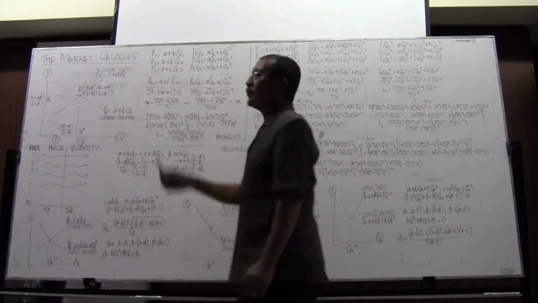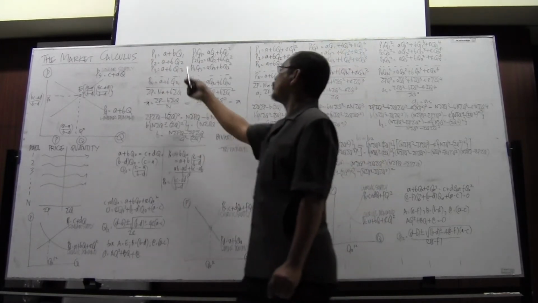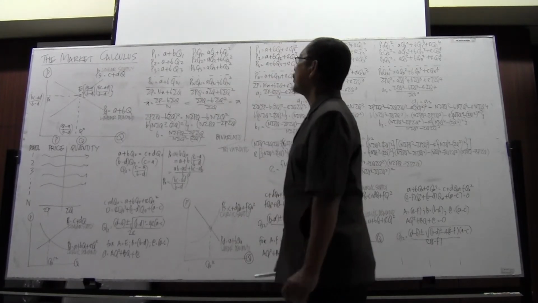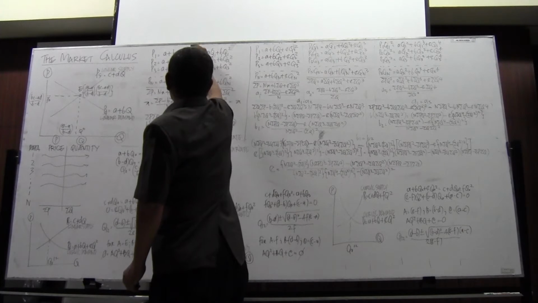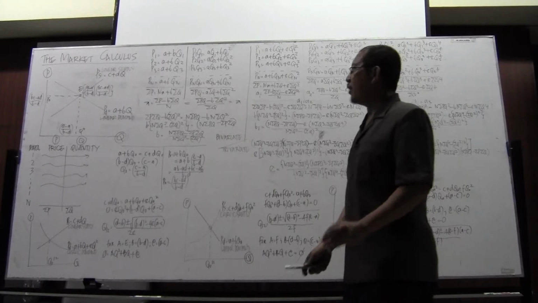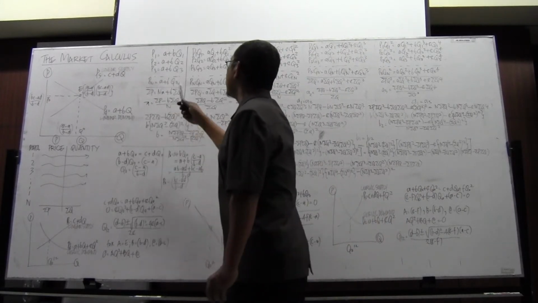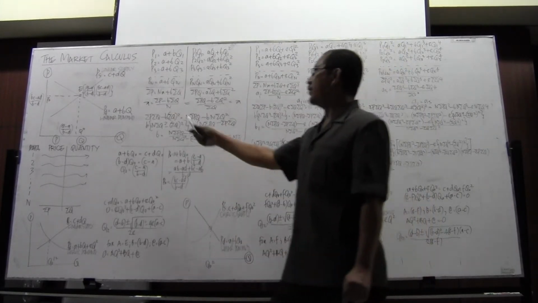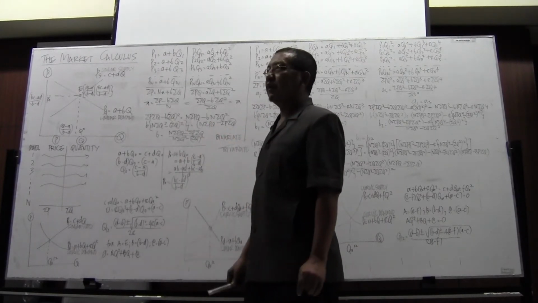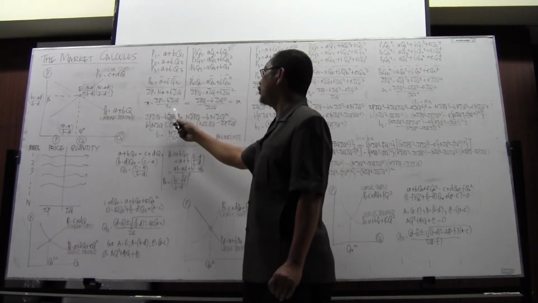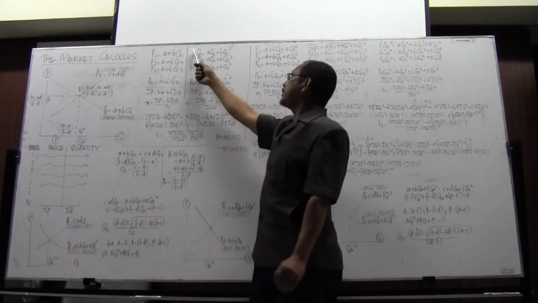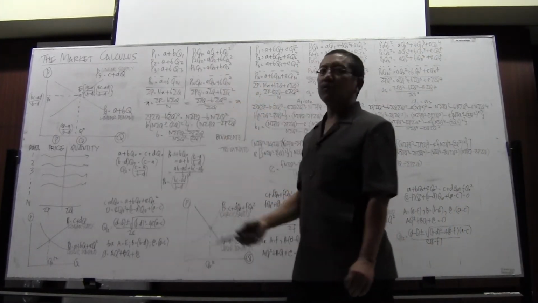So for P1, it's A added by B of Q1. P2 is A plus B of Q2, etc. So at the end, we have the total of P is n times A plus B of sigma Q. So A will be the total of P minus B times the total of Q, divided by n.